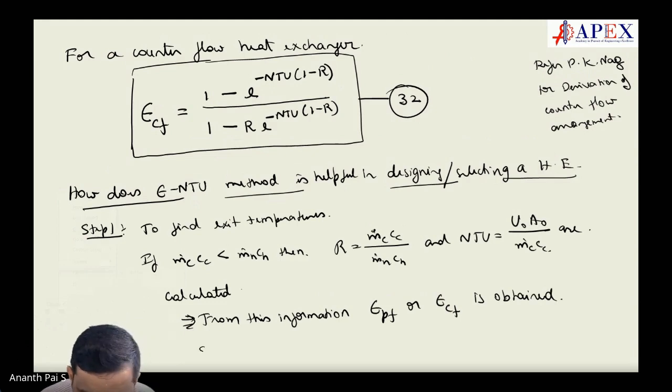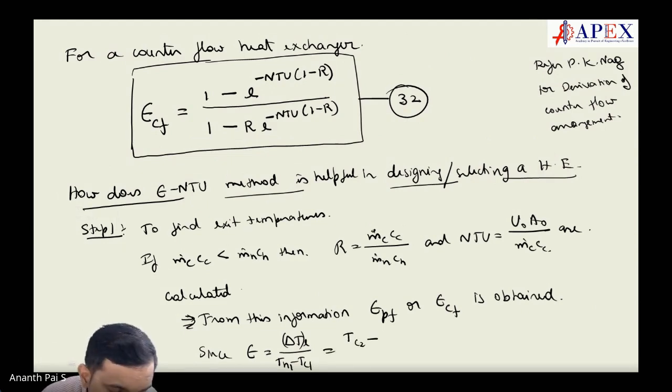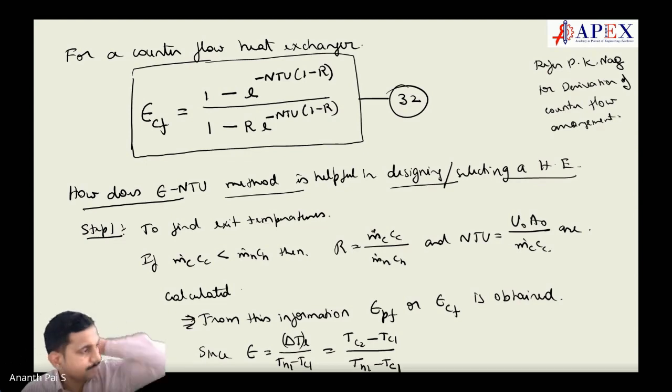And since effectiveness is equal to delta T divided by Th1 minus Tc1, this would be equal to Tc2 minus Tc1 divided by Th1 minus Tc1, right?